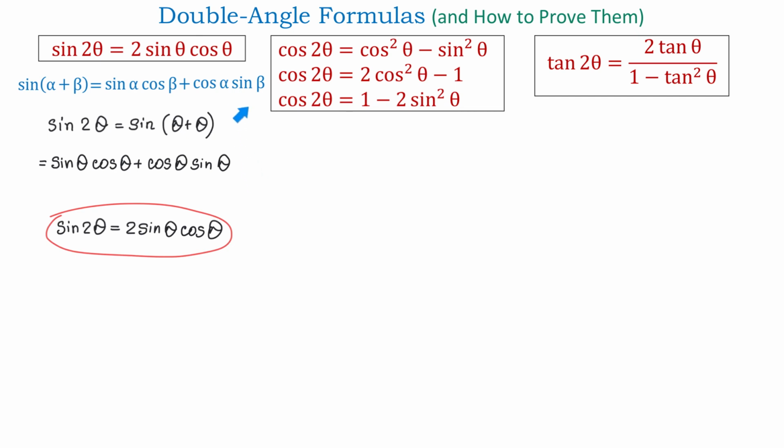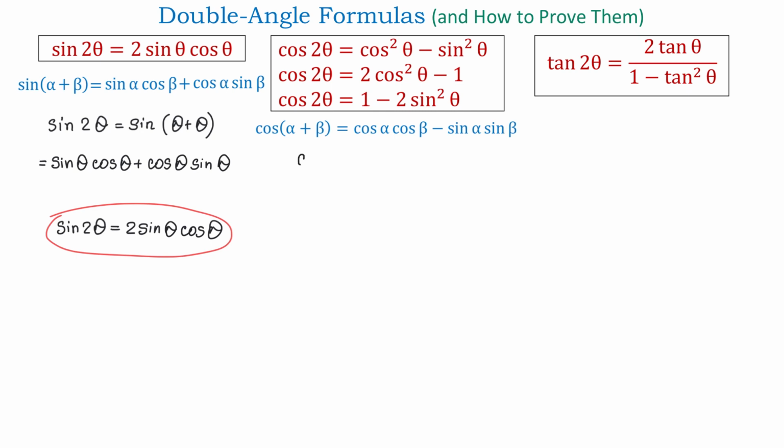Now, to prove the next formula, we will need the addition formula for cosine. Here we have it, and it is cosine of alpha plus beta equals cosine of alpha cosine of beta minus sine of alpha sine of beta. And again, to use it, in the formula above, we will replace 2 theta with theta plus another theta.